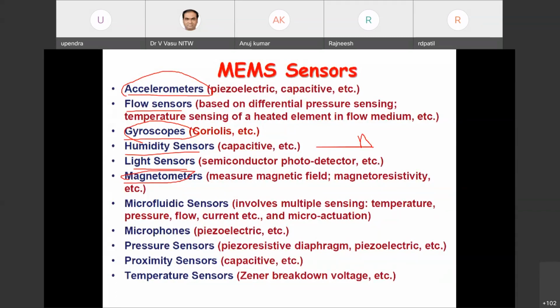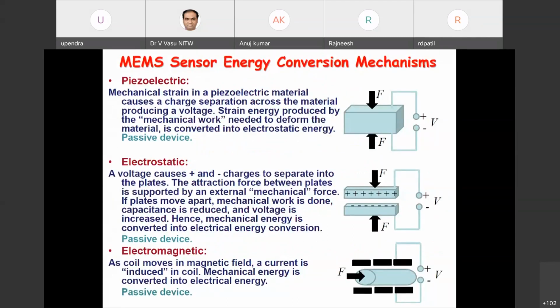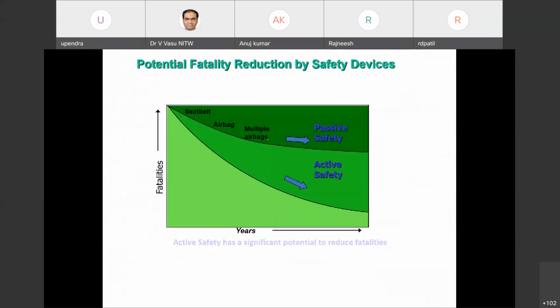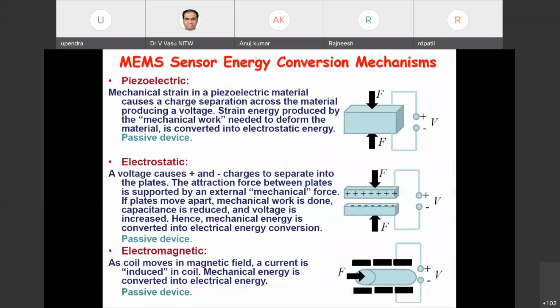The main principles on which these work are piezoelectric, electrostatic, or electromagnetic.